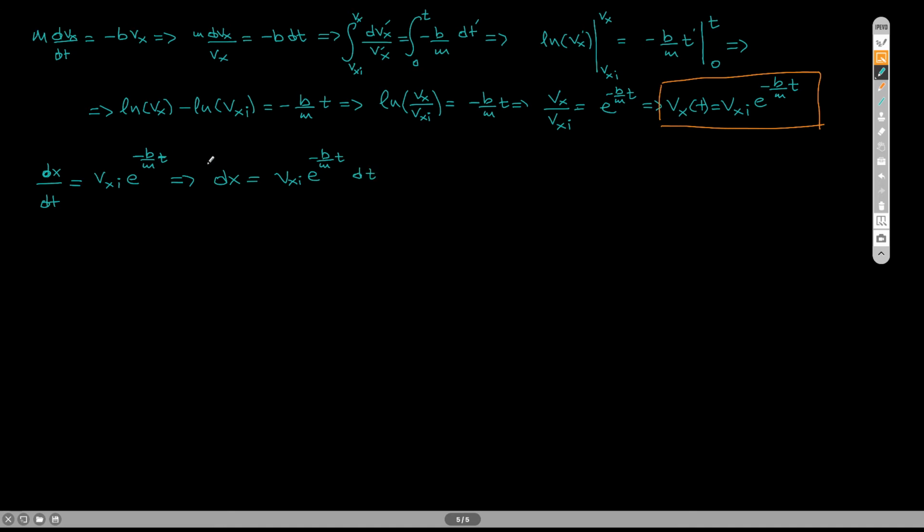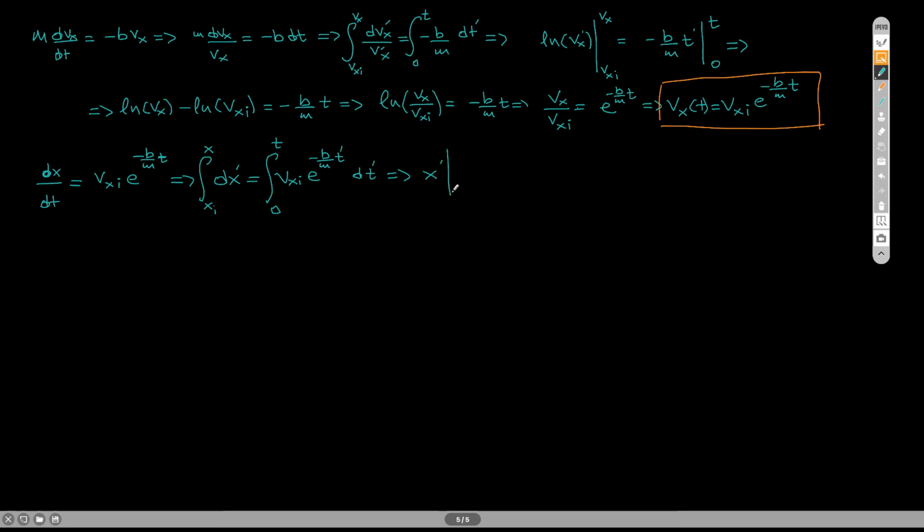And again, I will integrate. So this goes from x initial to x, my final, as a function of time. I put the prime here, make sure I'm okay. Time goes from 0 to t, and I put a prime here just so I'm okay mathematically speaking. And now I move on with my integration.